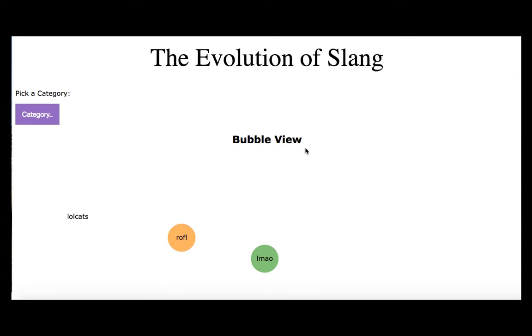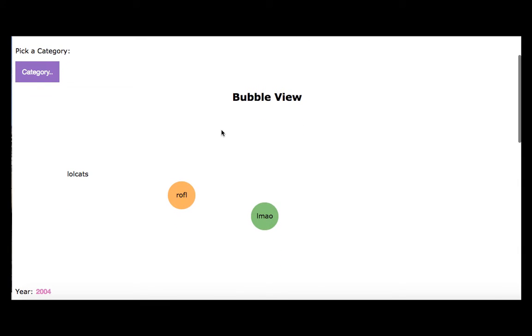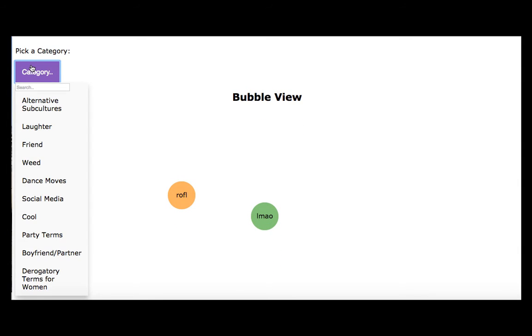So I'm now going to take you through a live demo of our visualization. Here we have a bubble view on top. You can choose a category here. Here's a list of categories of terms that are grouped either because they are synonyms or they're just in the same category, so we can compare words that are really closely related.